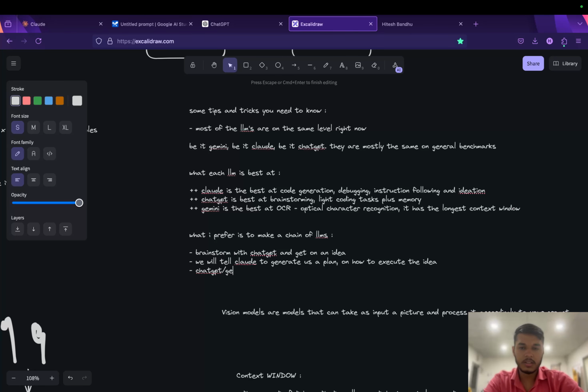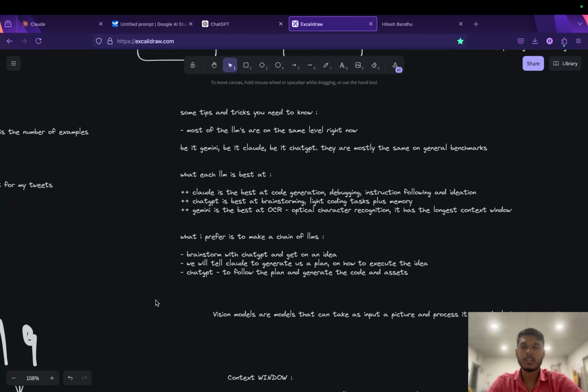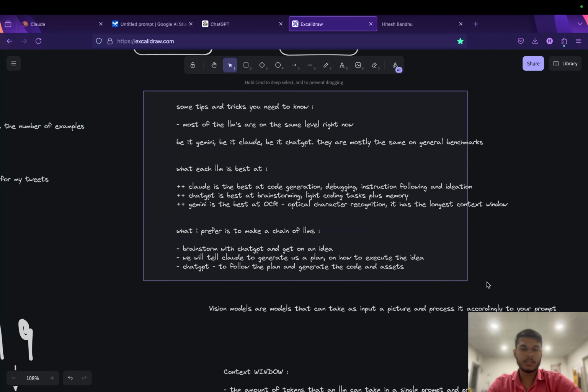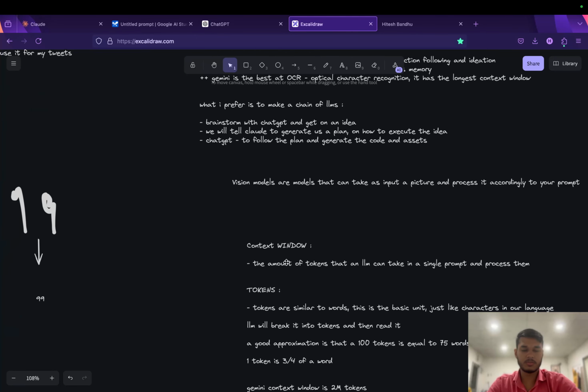ChatGPT, to follow the plan and generate the code and the assets or anything that we really want to generate. So these are some tips and tricks you may need to know.